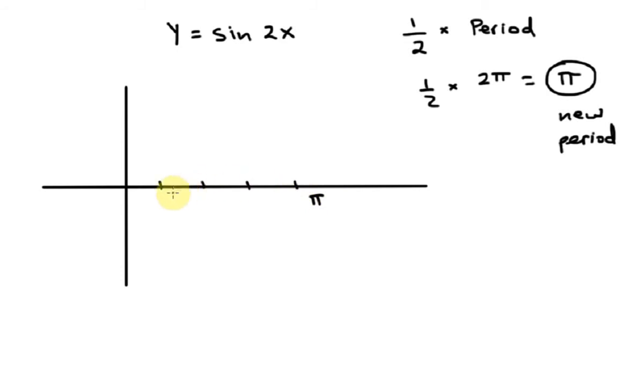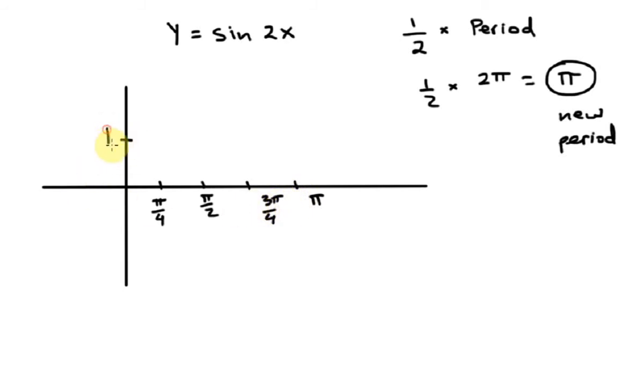So now I've got to figure out what these distances are. This would be half of pi, and so each of these distances is a quarter of pi. So this is 1/4, 2/4 or a half, 3/4 of pi, and then 4/4, which is pi. And that's when I want to finish the complete cycle.